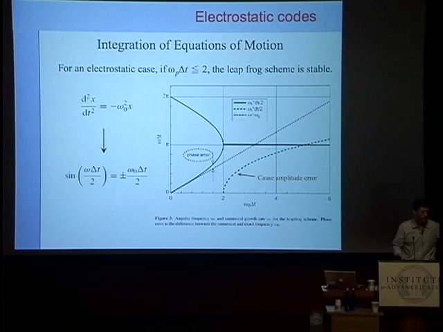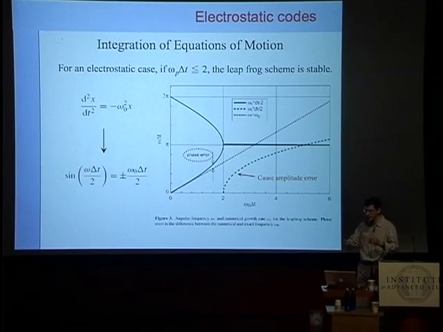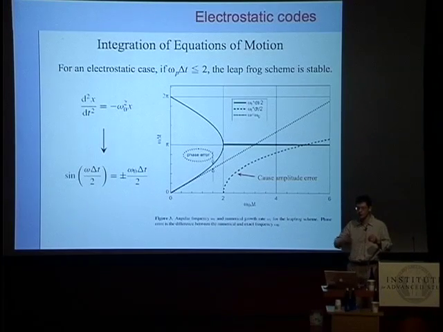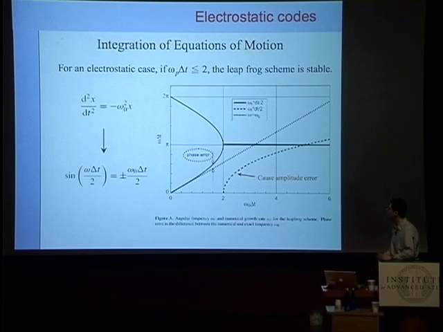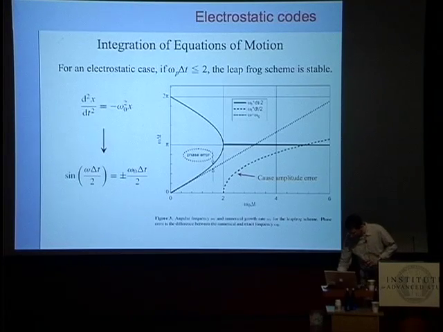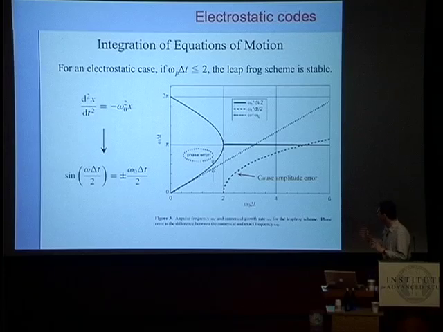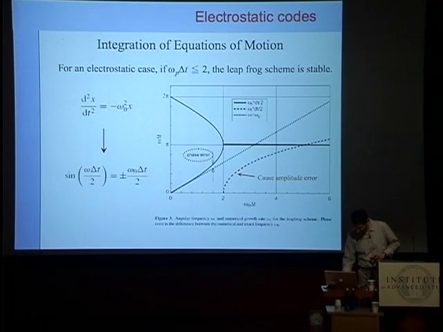Essentially, you have a harmonic oscillator, and if you put too few points per oscillation, it will try to jump from one end of the oscillation to the other, and it will go unstable. This happens very robustly in a few time steps. So it's a rite of passage to try this with your PIC code and see how quickly it explodes.